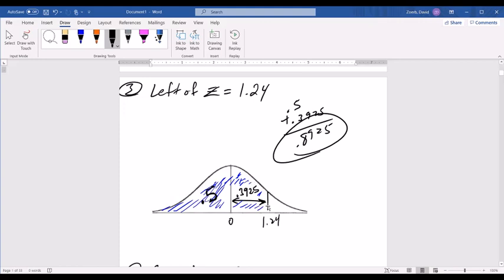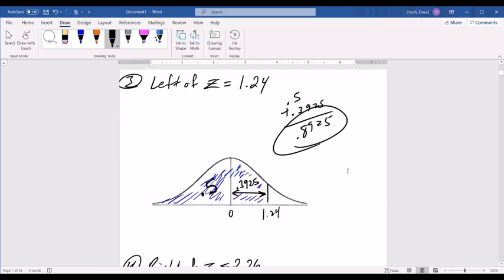Here, it wants everything to the left. That means to the left, period. So from 1.24 all the way to the left. So it includes the 1/2 plus this part here.